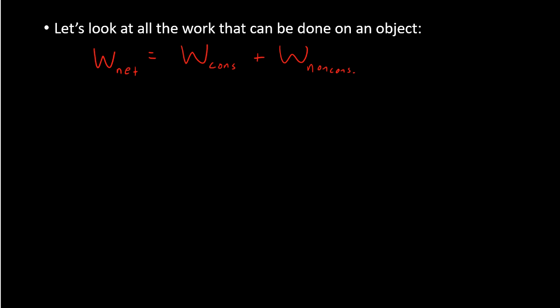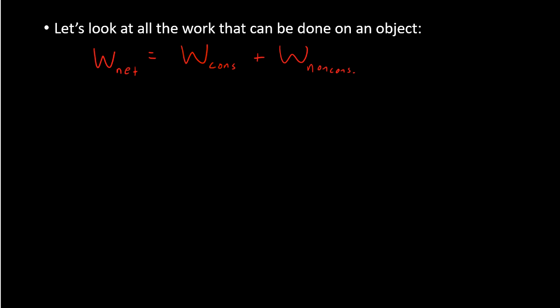Again, there might be a whole bunch. There might be like 20 conservative forces if it was a really challenging problem, and there might be like 3 or 4 or 5 non-conservative forces, but they're going to fit into one of these two categories.